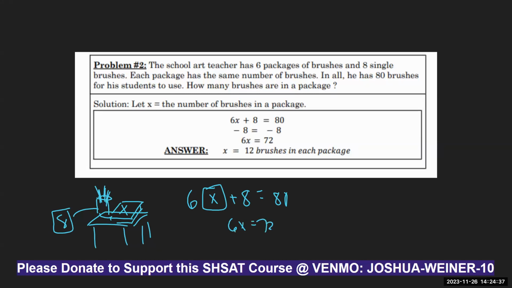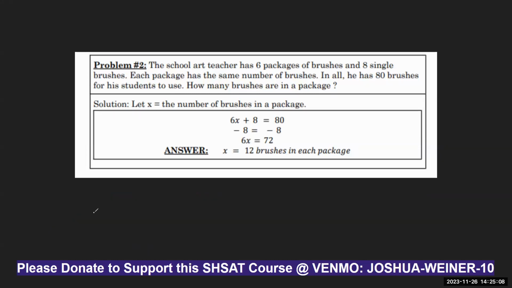Then dividing by 6, or if you don't have a calculator, divide by 2, 3x equals 36. Now divide by 3, and x equals 12. Meaning that inside each of these containers that you buy at the store, there would be 12 brushes, or a dozen brushes in each package. The correct answer was 12.